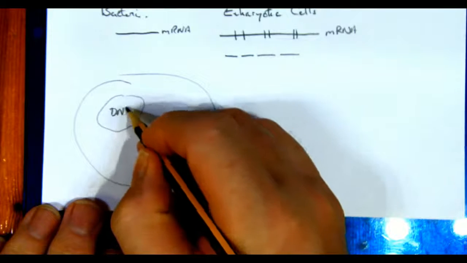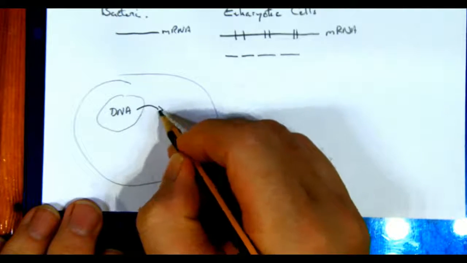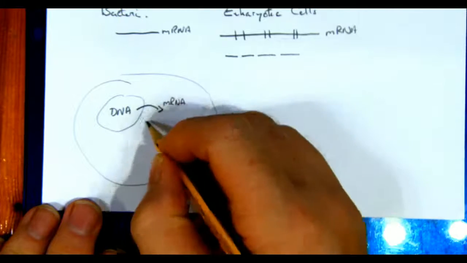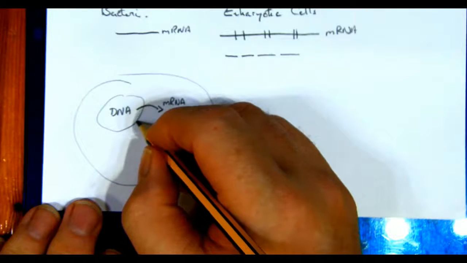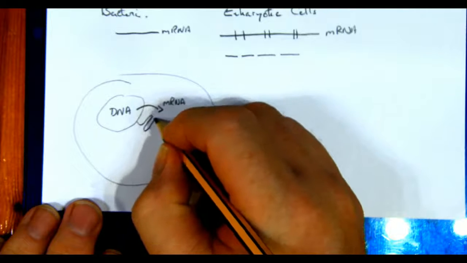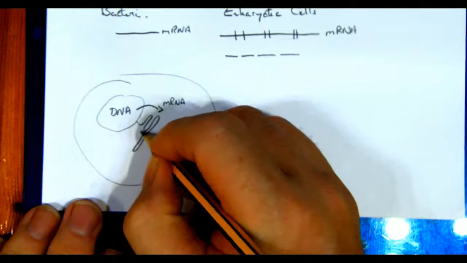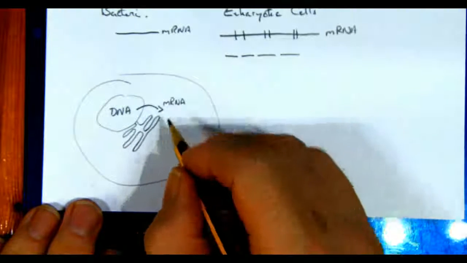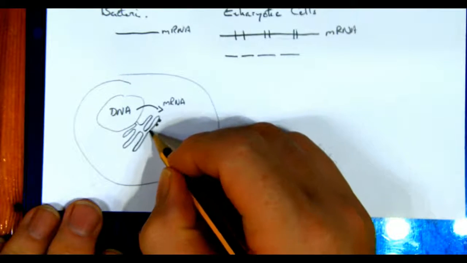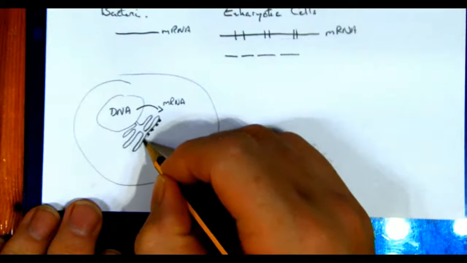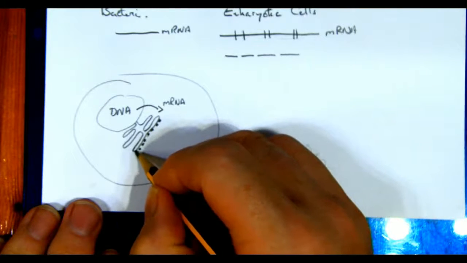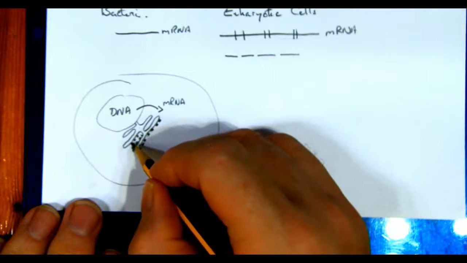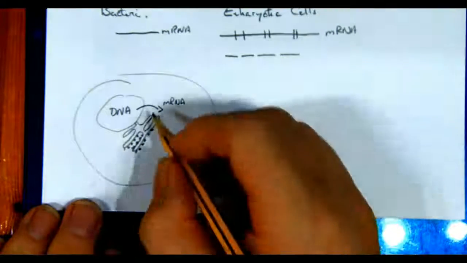So we've got our DNA here, and our mRNA travels outside into the cytoplasm, and typically round here we might have a piece of what we'll call rough endoplasmic reticulum. It's called rough endoplasmic reticulum because on it we've got lots of ribosomes.